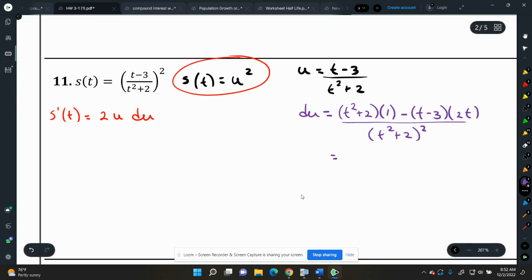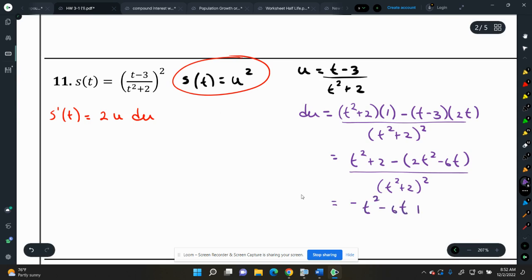Okay, so that gives me t squared plus 2 minus 2t squared minus 6t. So we get, let's see, negative t squared minus 6t plus 2 over t squared plus 2 squared. There's my du.